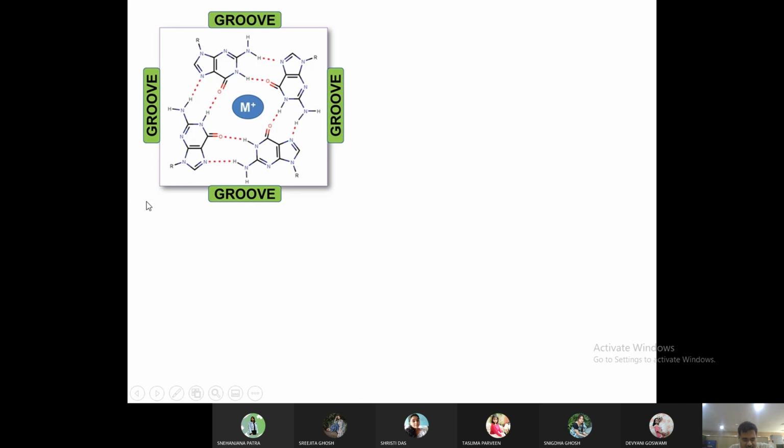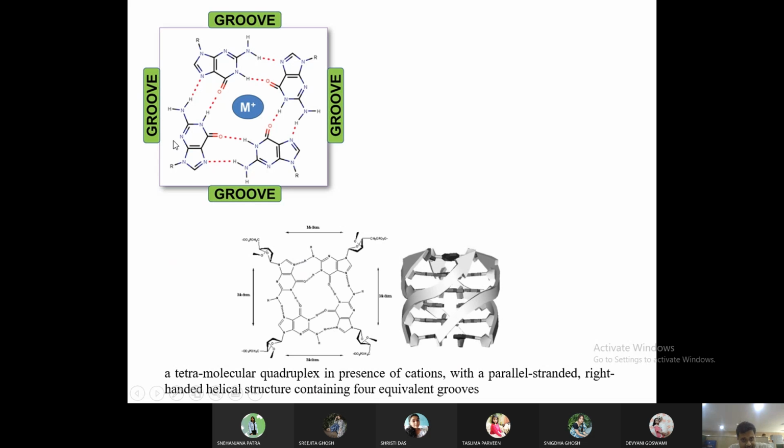Here also the sugar phosphate backbone is going perpendicular to the computer screen, and these are the nucleotides. In the parallel quadruplex, all four grooves are of equal size. There is no major groove, no minor groove. You can see three of them here, all equivalent in size.